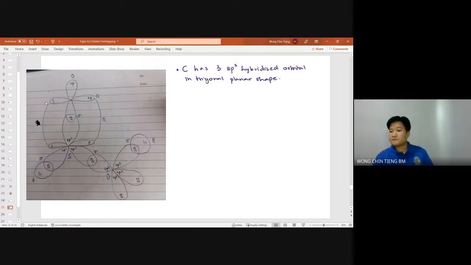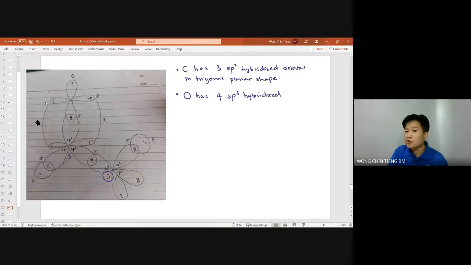Cerita yang dulu. Kita ada dua central atom. Saya explain guna soalan ni terus sebab yang ni akan jadi explanation yang paling panjang. Soalan yang kita buat semalam, soalan explanation dia pendek lagi lah. Okay. So, ada kedua central atom. Central atom kedua adalah oksigen. Bergerak kepada oksigen. Oksigen has 4 sp3 hybridized orbital. Bagi tahu shape dia apa. Alright, in tetrahedral shape.